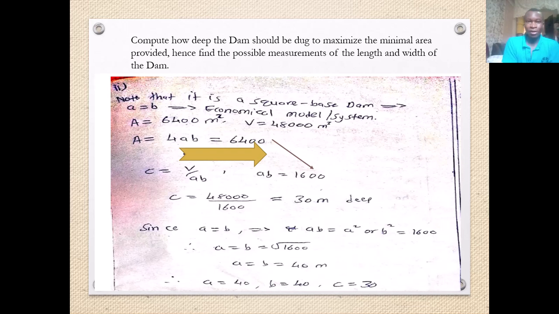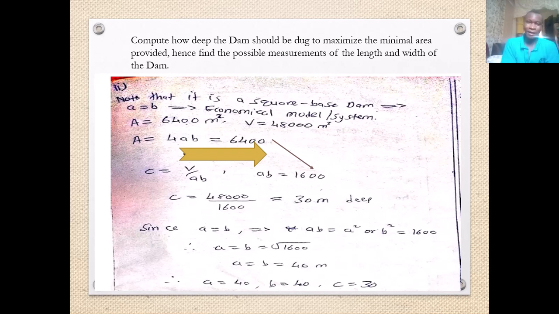Question number 2 says, compute how deep the dam should be dug to maximize the minimal area provided. Hence, find the possible measurements of the length and the width of the dam. This one is now very simple, because with Boas optimization models, things are made easy. Now, look at the question.